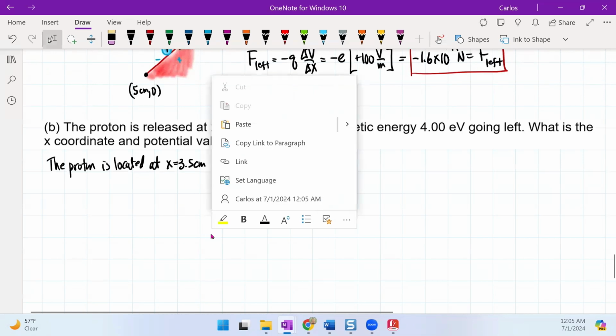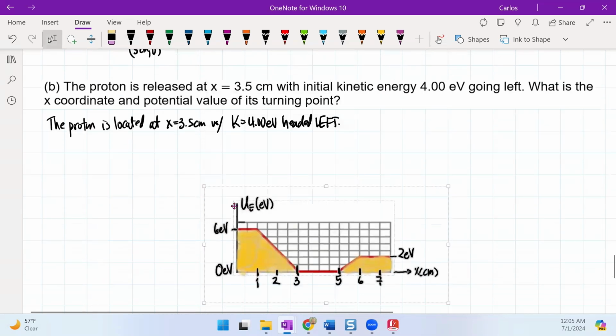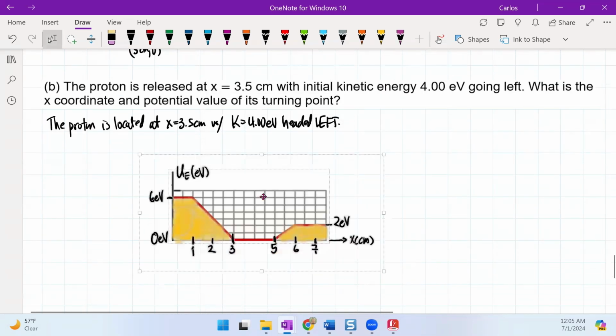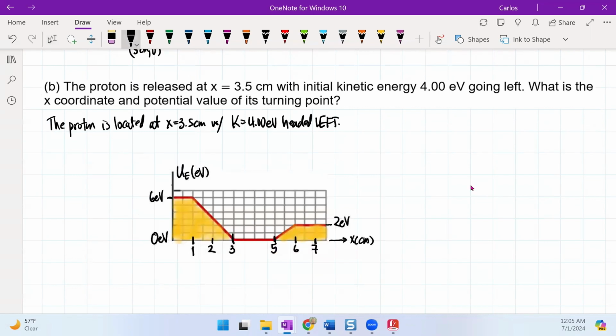So if I look at this picture here, it's saying that it's at 4, so it's going to be 1, 2, 3, 4. This right here is 4 electron volts.